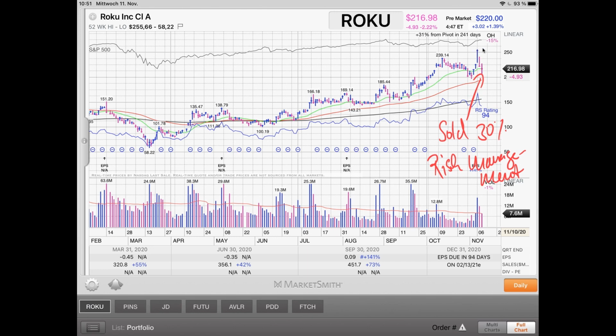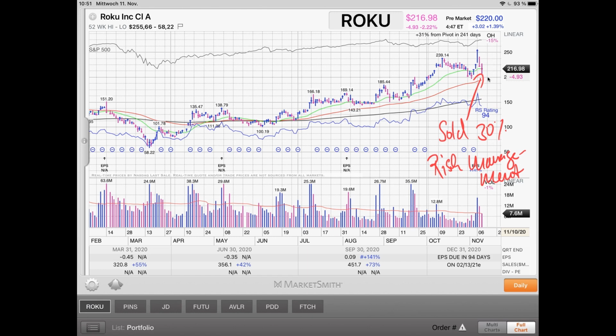Now we have a new high here over this $250 level. We have a new low on this $200 level, and the price can oscillate or go sideways for weeks now here between 200 and 250.